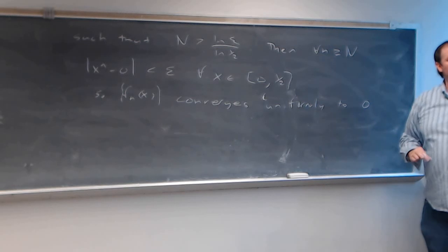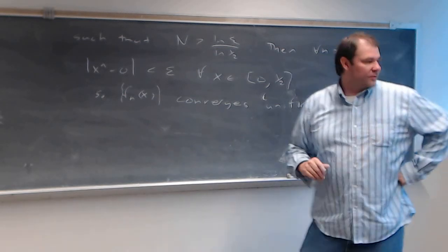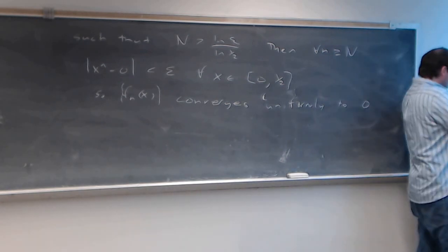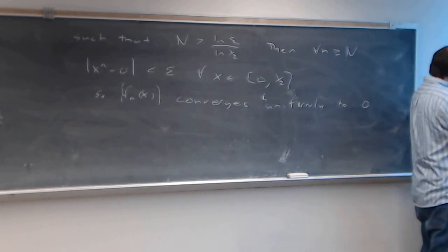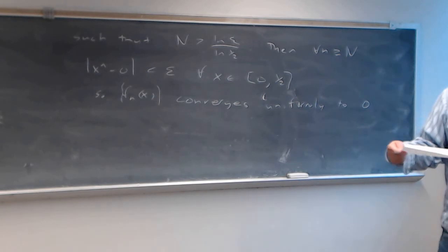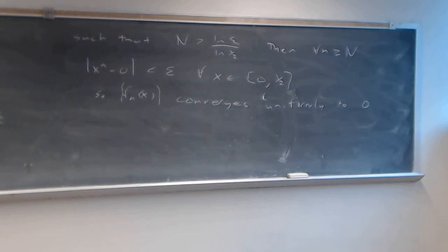I'd like to do another example. But before I do, let me look at something that's from the homework. Problem 6 on your homework basically is a 3-point problem that's easy. We just have to write it up nicely.